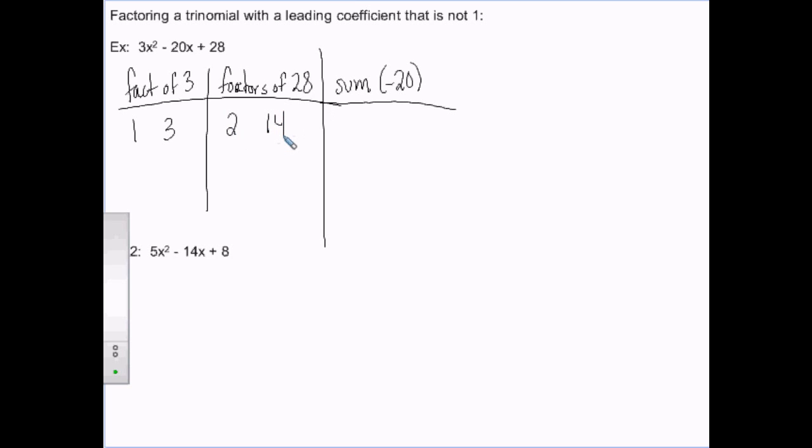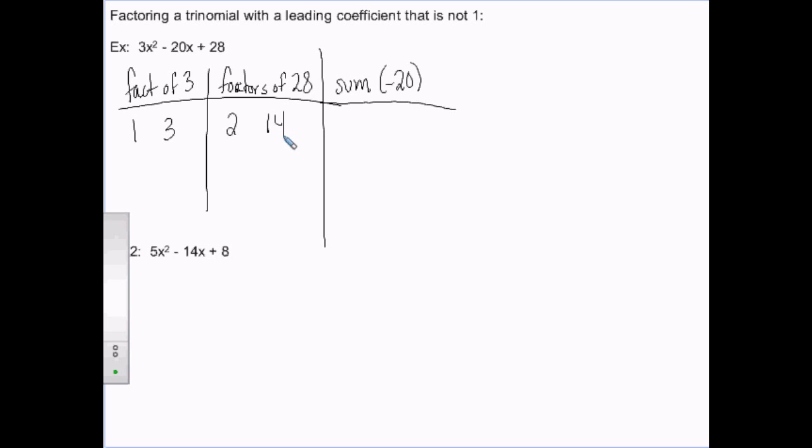Now, somehow in here, I need a negative. This is positive and this is positive, but my sum is negative, which means that when I multiply two numbers together, I'm going to get a positive, but when I add, I'm going to get a negative.